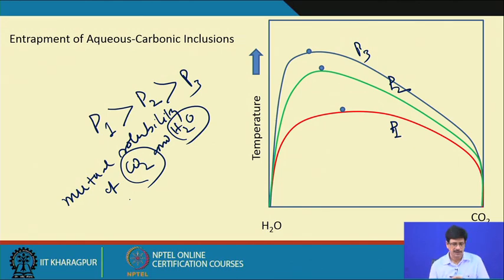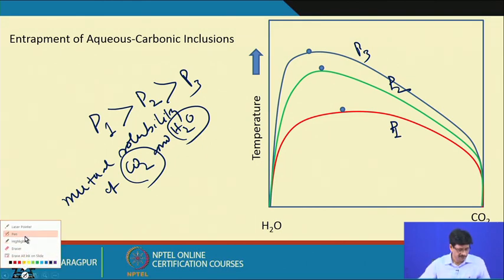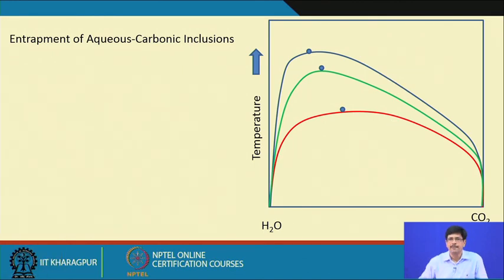So, the entrapment of a homogeneous aqueous carbonic fluid and the post entrapment change bringing about the phase separation is explainable on the basis of this diagram.